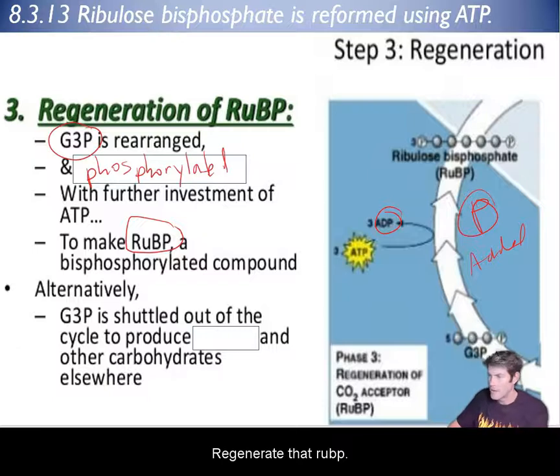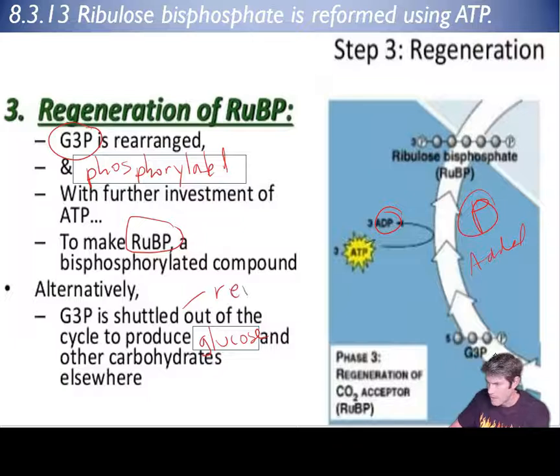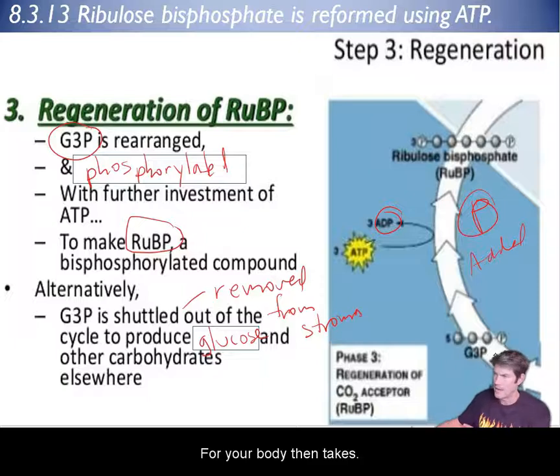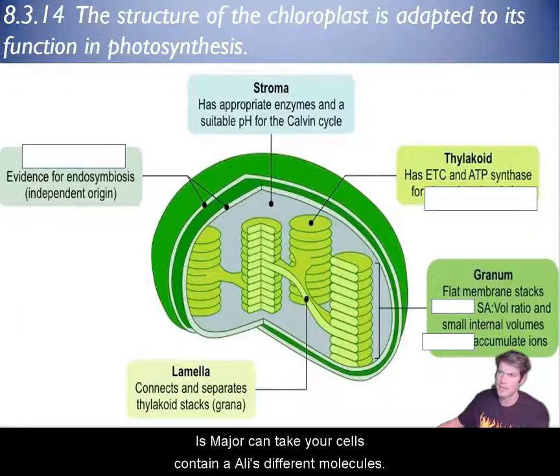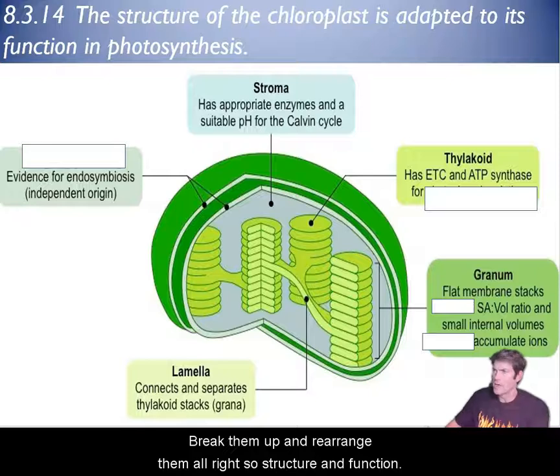Regenerate that RUBP, and remember that G3P was removed from the stroma. We'll say shuttled out means removed from stroma, where your body then takes it and builds whatever molecule it needs. The body is amazing. Your cells can take all these different molecules and break them up and rearrange them.